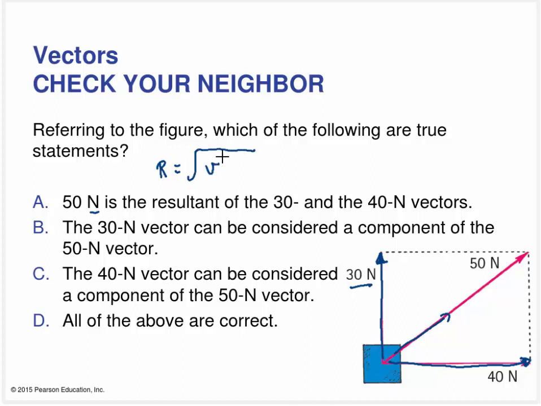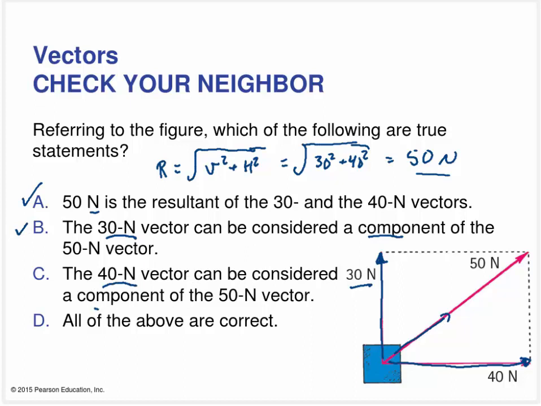That's going to be the square root of the vertical side squared plus the horizontal side squared, so the square root of 30 squared plus 40 squared. That's going to be 50 newtons. So 50 newtons is definitely the resultant. Now the 30 newton vector is considered a component of the 50 newton vector. The 40 newton vector is also considered a component of the 50 newton vector. So all of these are true.